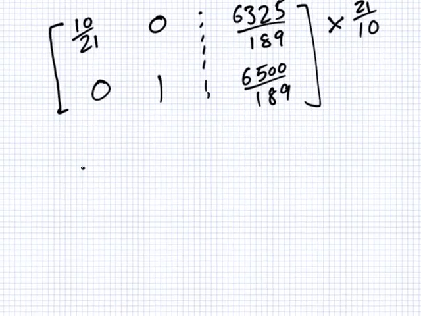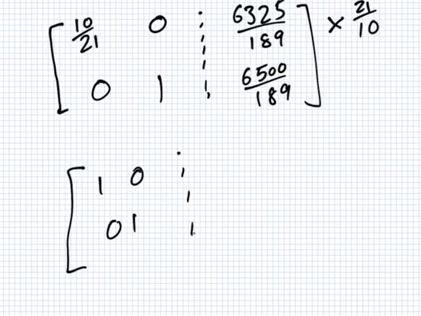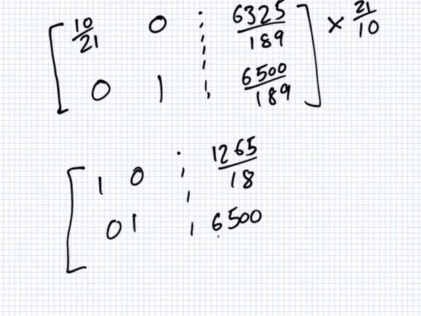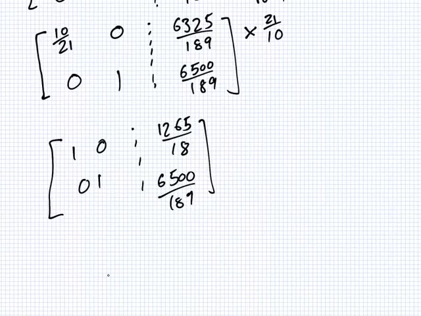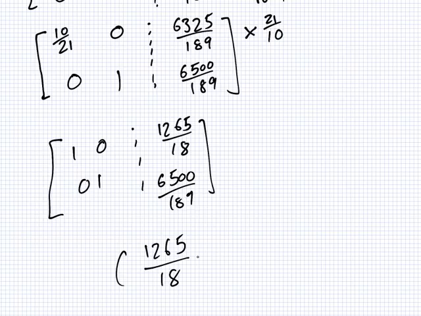So that this becomes 1, 0, 0, 1. 1, 2, 6, 5 over 18, 6500 over 189. So we have our answer. The answer is 1265 over 18, 6500 over 189.